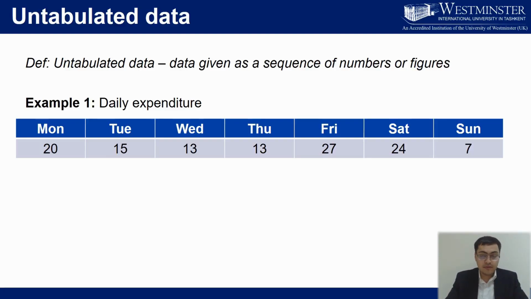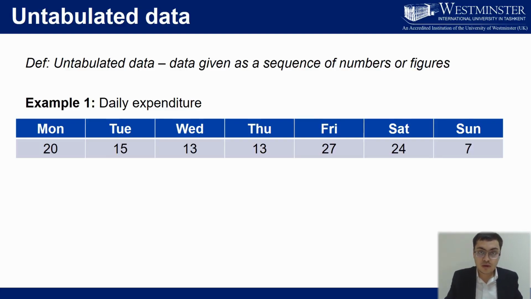We know that that can never be the most representative daily expenditure of this person. Likewise, if we look at Saturday's figure of 24, that also seems to be way off. Specifically, it's a bit higher than what we can intuitively feel is the correct number.